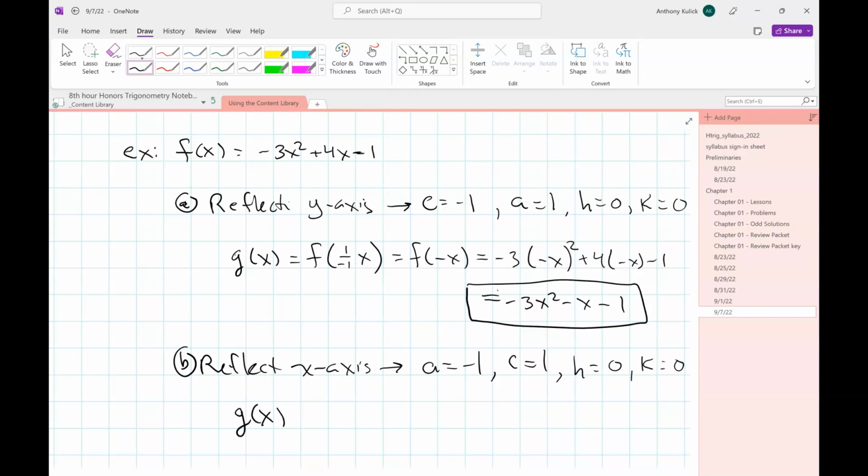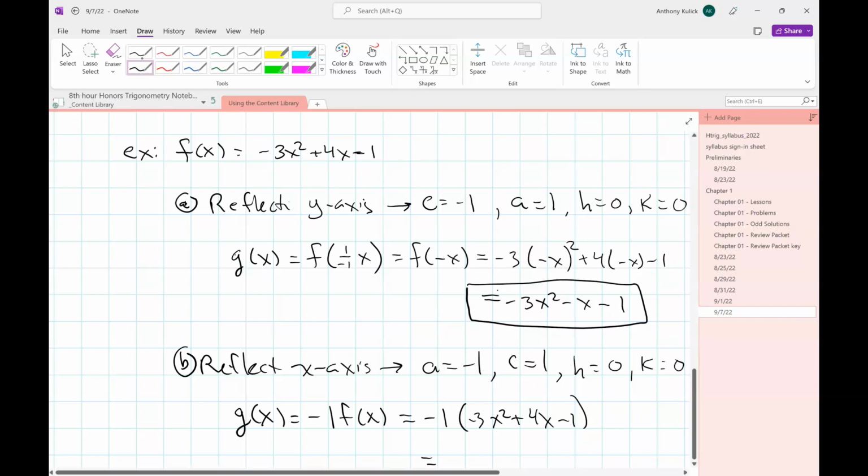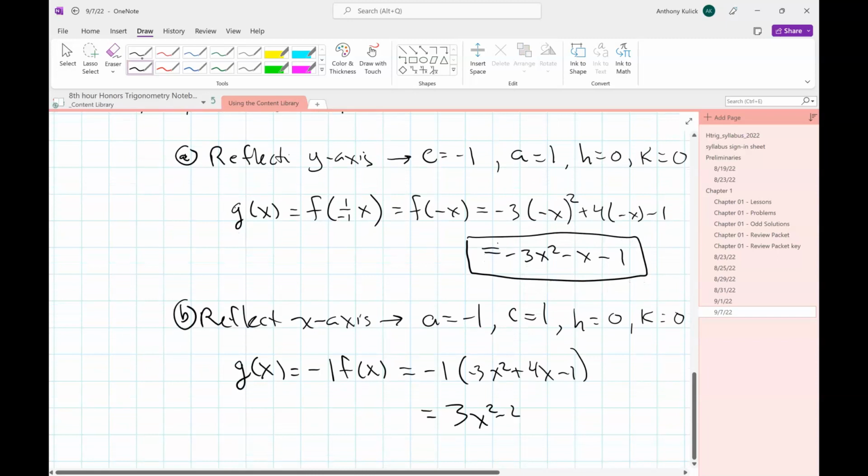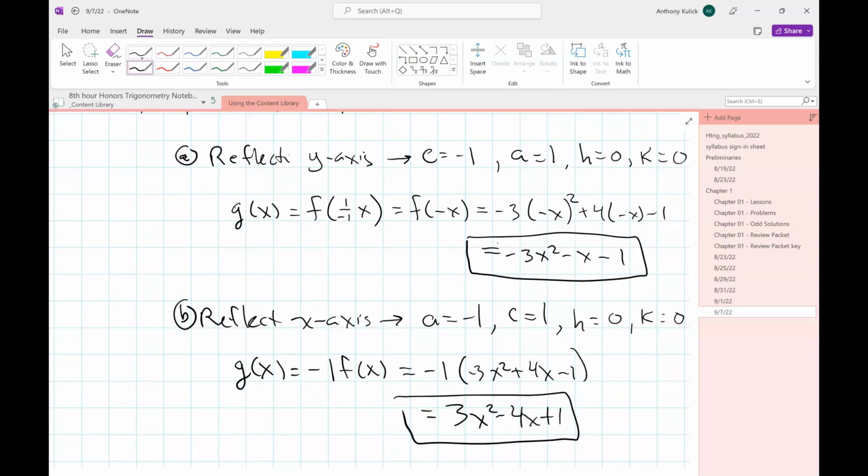So my resultant function would be negative 1 times f of x, which would be 3x squared minus 4x plus 1. Number 8 is supposed to be negative 4x. Oh, yeah, thank you.